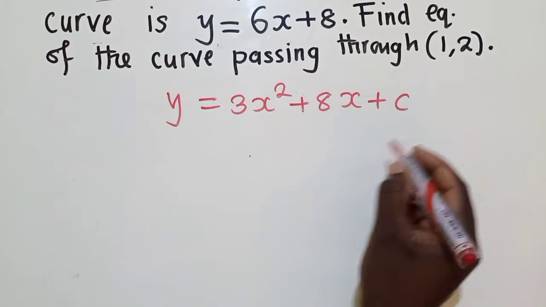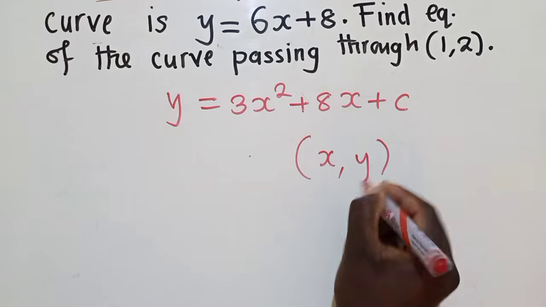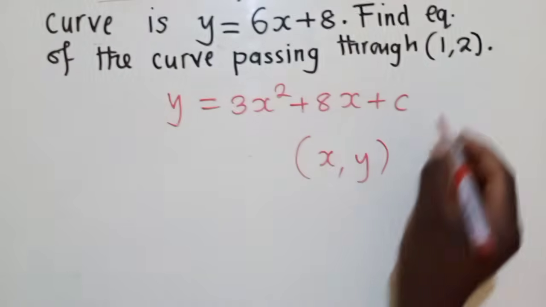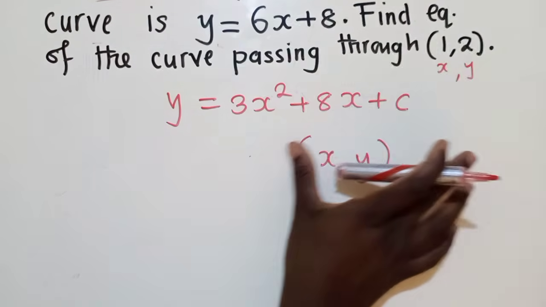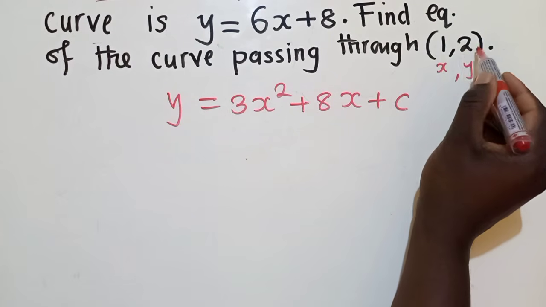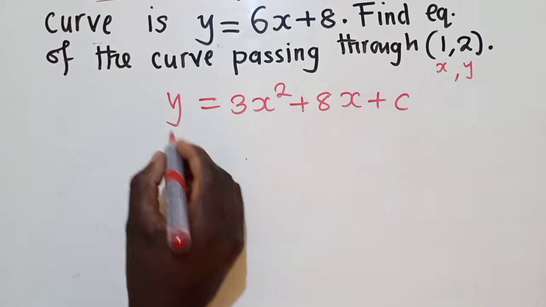let me talk about this. When you've been given the coordinates like this, you know that this is the x-axis and this is the y-axis. So you just get these values, the x coordinate and the y coordinate, and plug them in.